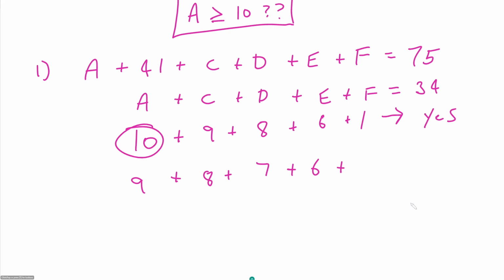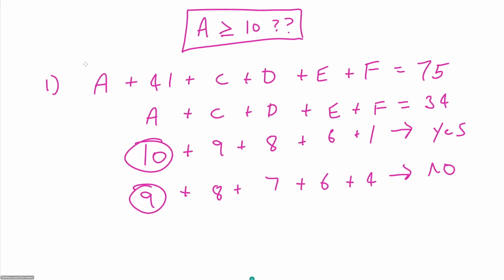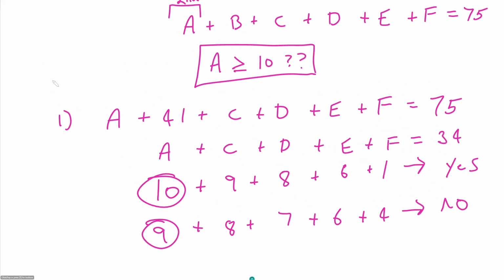So this is going to be 4 now. All my countries are different, and A is still the second most, because don't forget, my 41 was just incorporated here. So this is good, and this gives me a no to my question, which proves insufficiency.